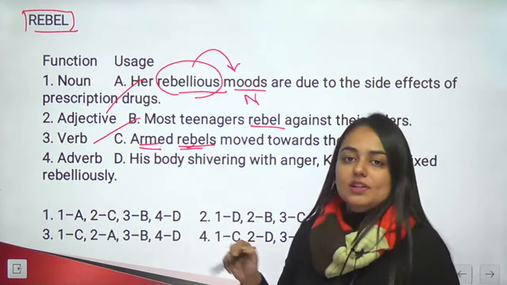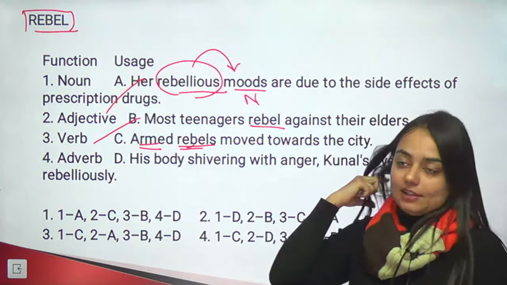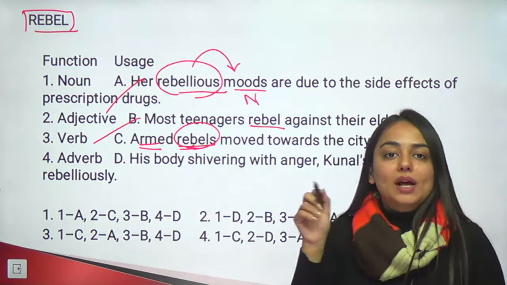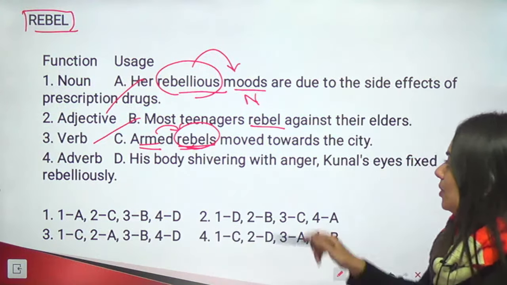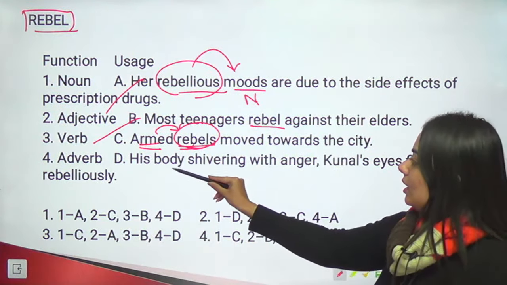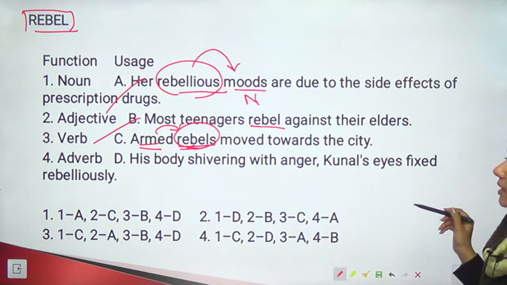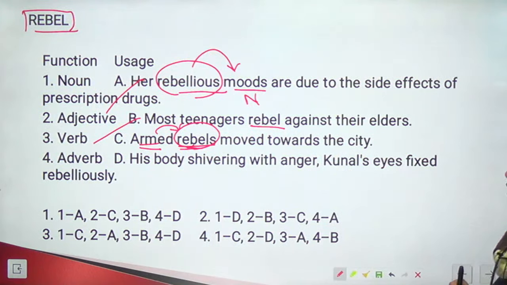Now this rebel is referring to those people who create rebellion, who start the rebellion. तो ये rebellion शुरू करने वाले लोगों को बोलते हैं rebels. तो ये हुआ एक armed rebels move towards a city, an adjective. His body shivering with anger, Kunal's eyes fixed rebelliously. Kunal's eyes fixed rebelliously. What should it be?